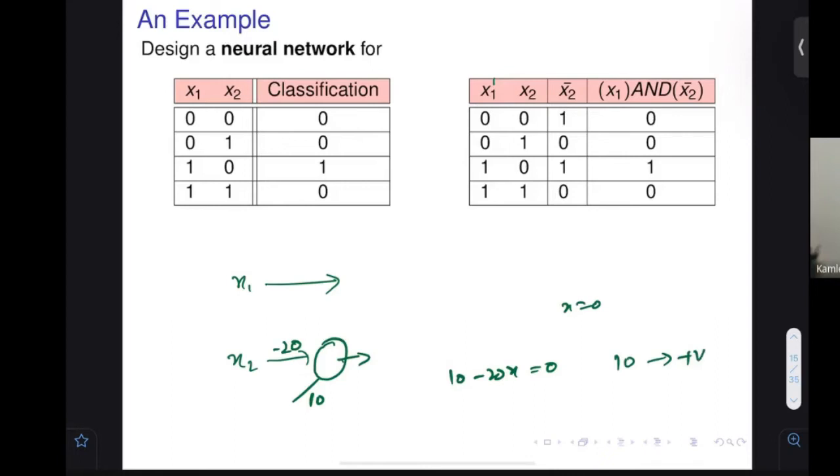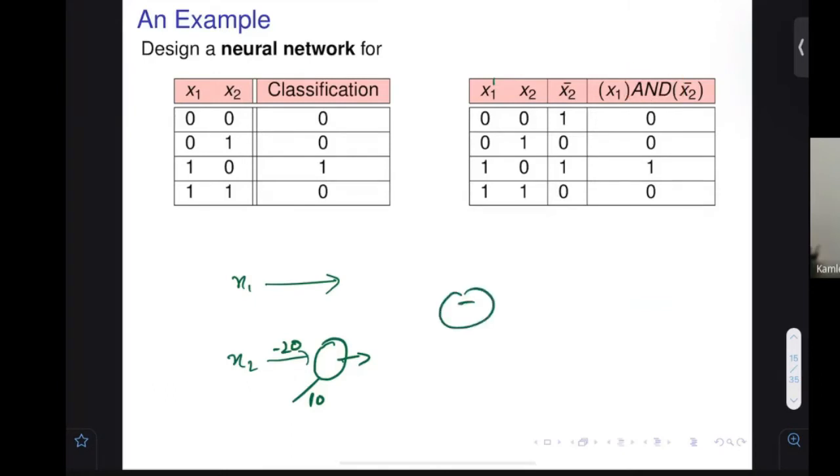So it is positive and gives 1. With 0, it gives 1. When x is equal to 1, this equation becomes minus 10 and therefore it becomes negative and gives 0. So this is how we created the NOT gate.